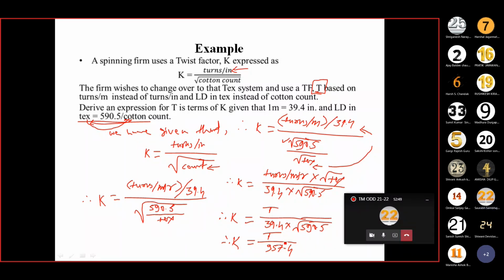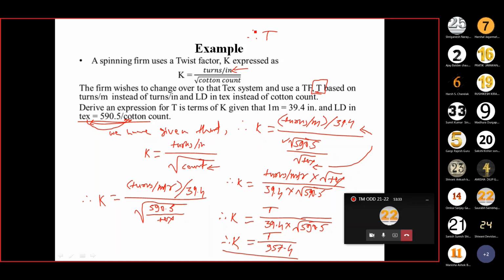I will calculate it on my calculator. Okay, 957.4. So we get this answer, 957.4.